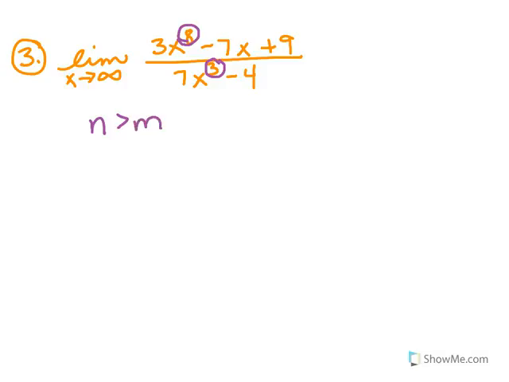Now, there are two different cases of n being greater than m. And in this case, n happens to be 8 and m happens to be 3. When I take the difference of these two, it happens to give me an odd number.